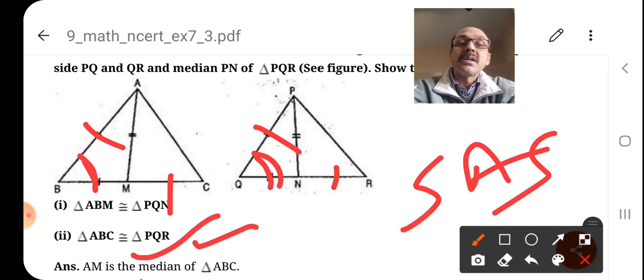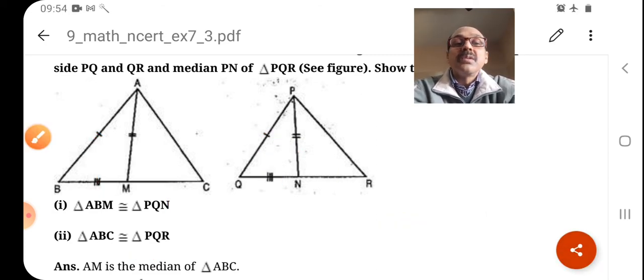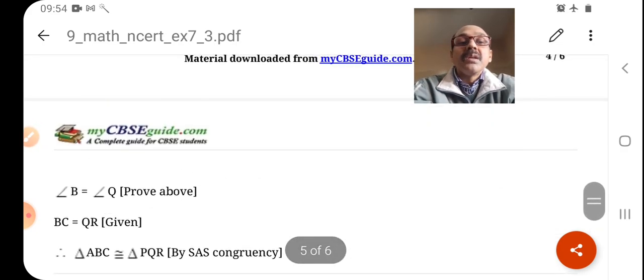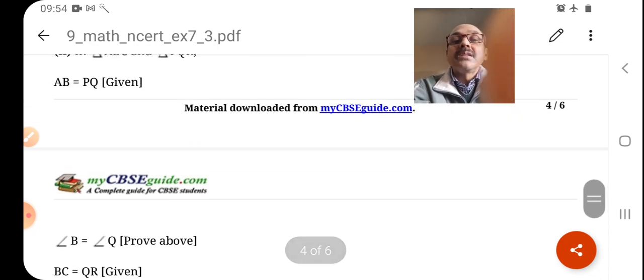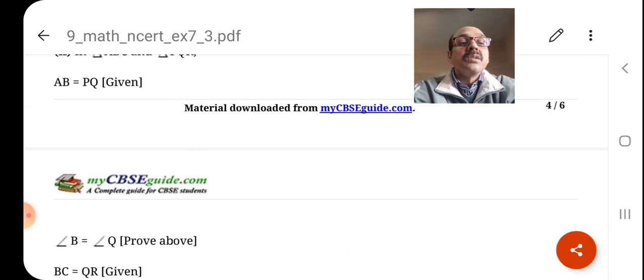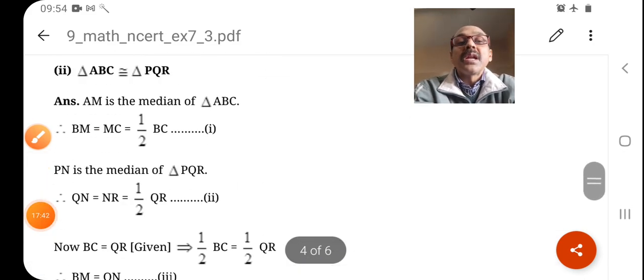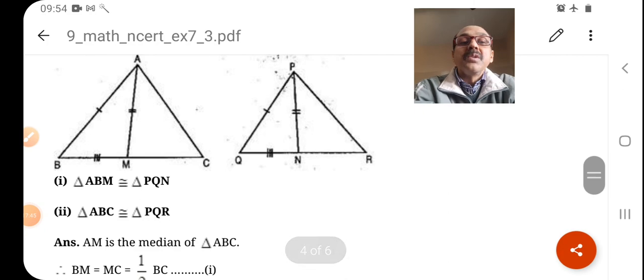So these two triangles ABC and PQR are congruent by the SAS rule.